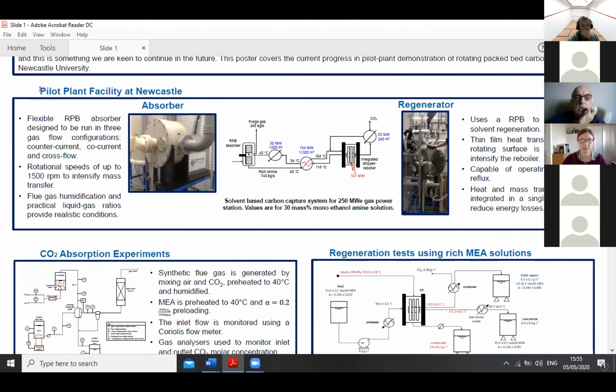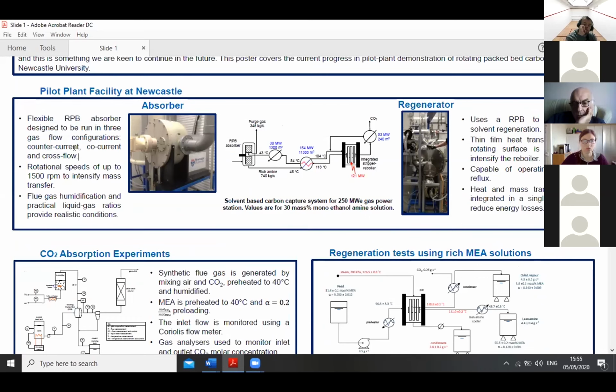So this pilot plant facility, these are the machines that we've got at Newcastle, and really they're designed for flexible operation and under realistic conditions. So this is the absorber. We've basically got flexibility in terms of how we can set it up.